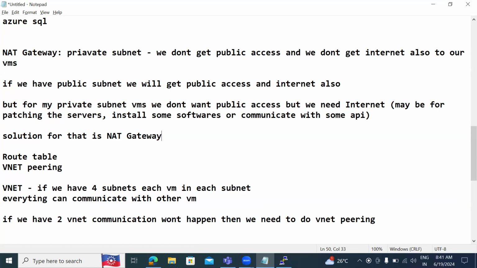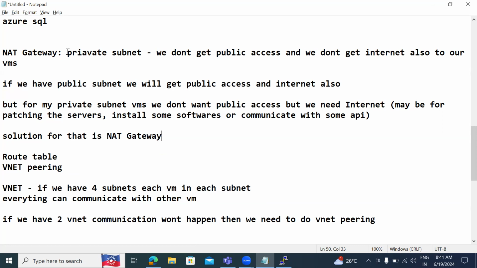NAT Gateway. Okay, so what is the purpose of NAT Gateway? It provides the communication and provides internet to VMs without public access. Azure VMs, Kubernetes, containers, those are all in the private network.